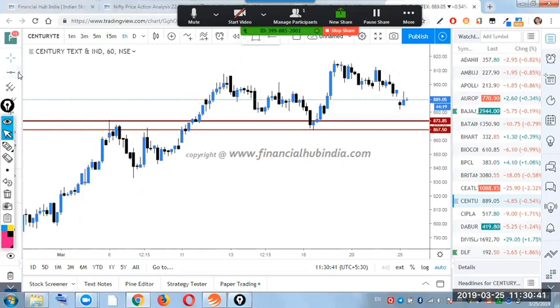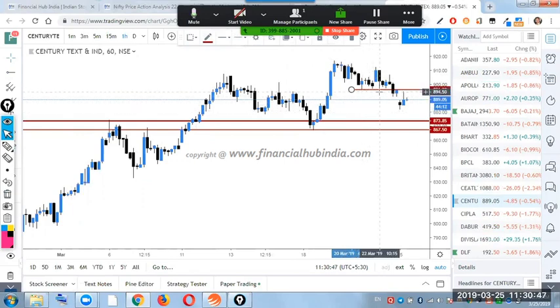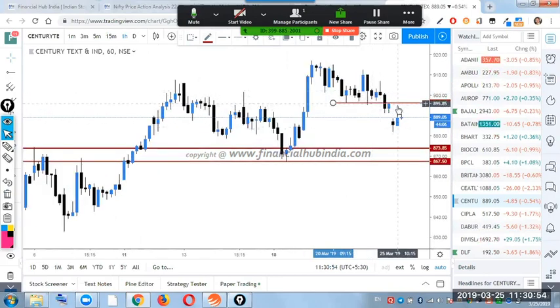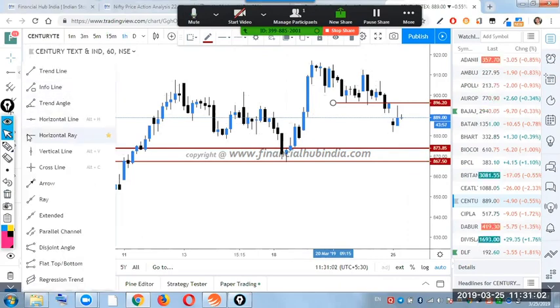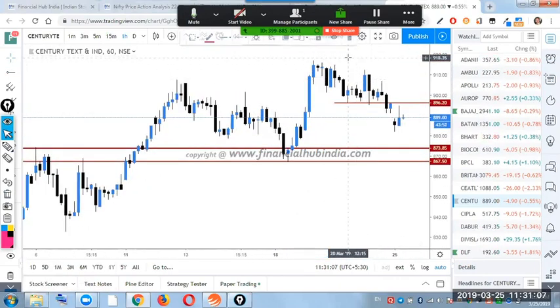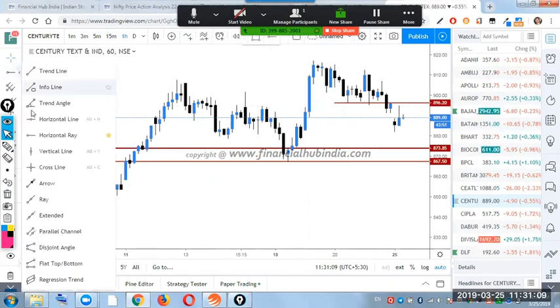So if we just go in, then we can see there is a key layer of resistance here for the market now. All right, so there was a pullback near to the key layer and then fallen back. So in case you want to trade this momentum towards downside, then definitely we can go ahead with the horizontal trend line.